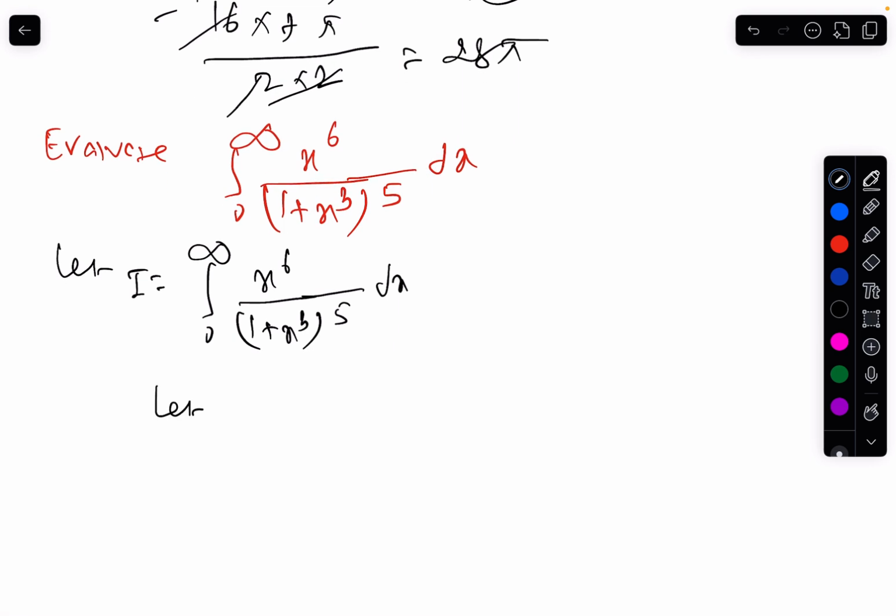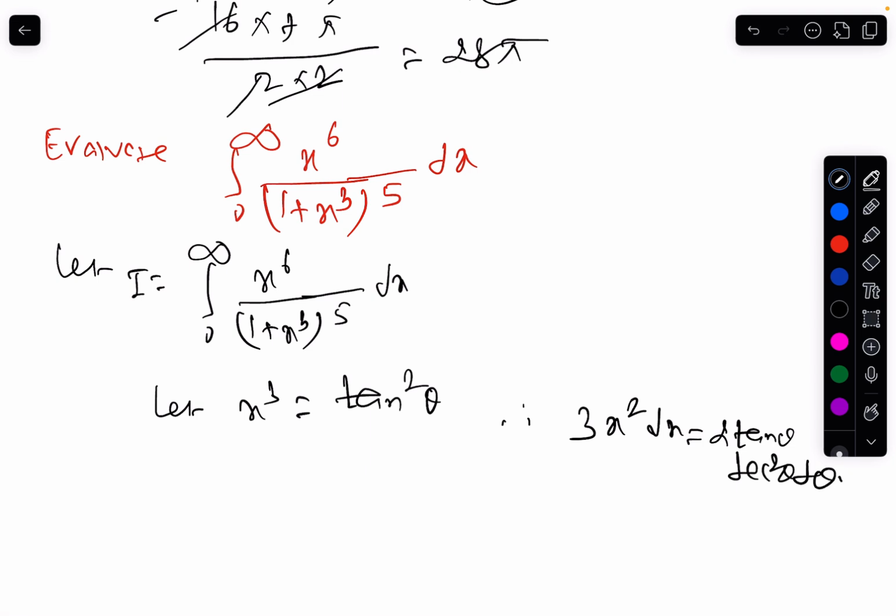So let x cube equal to tan square theta. So we can write, therefore 3x square dx equal to 2 tan theta into sec square theta d theta.